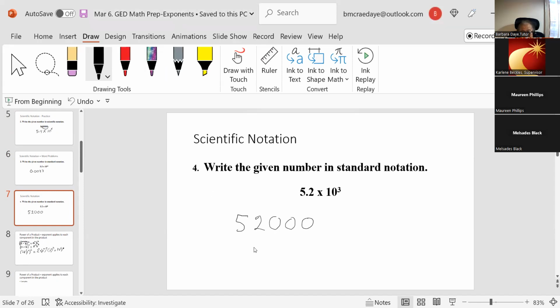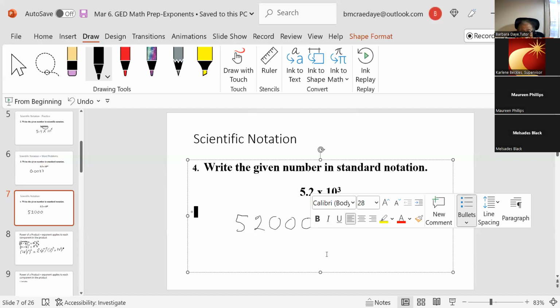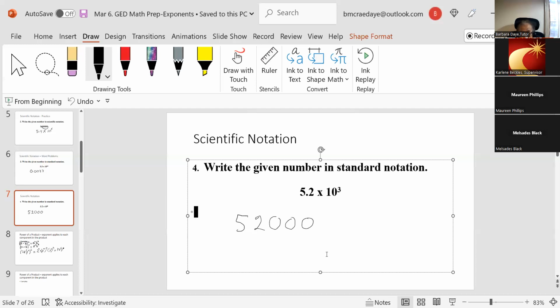Take out the last 0, because this is 5.2 times 10 to the third, right? So you don't need this 0. You got too many zeros. This 0 comes out. So it'd be 5, 2, 0, 0. And when you move the decimal point from here behind this last 0 to between the 5 and the 2, you get 5.2 times 10 to the third.